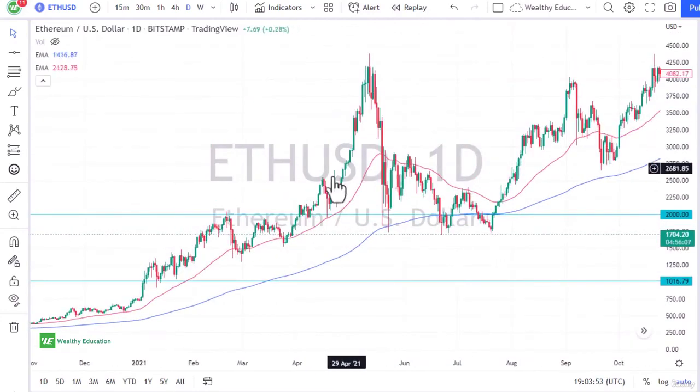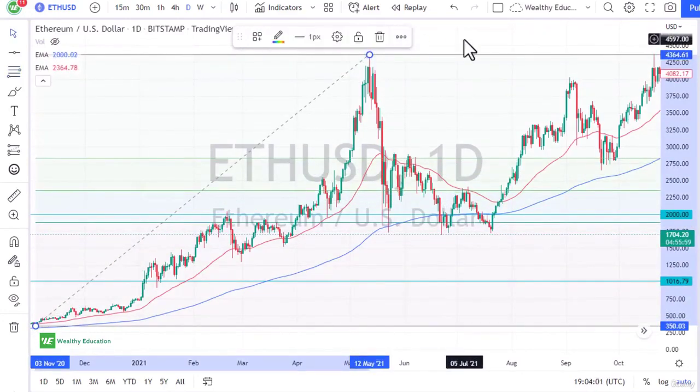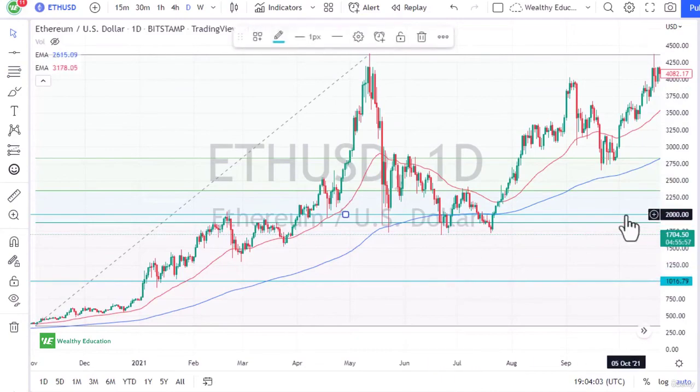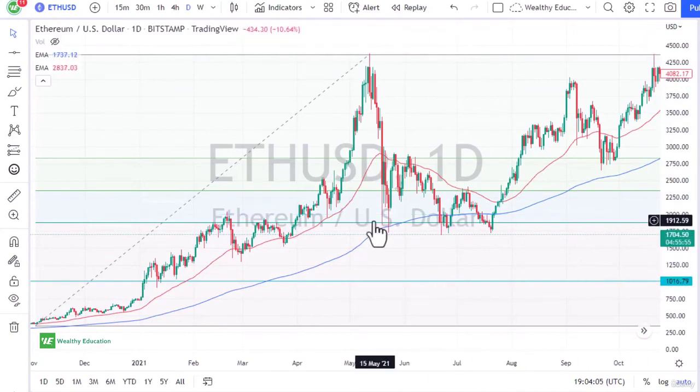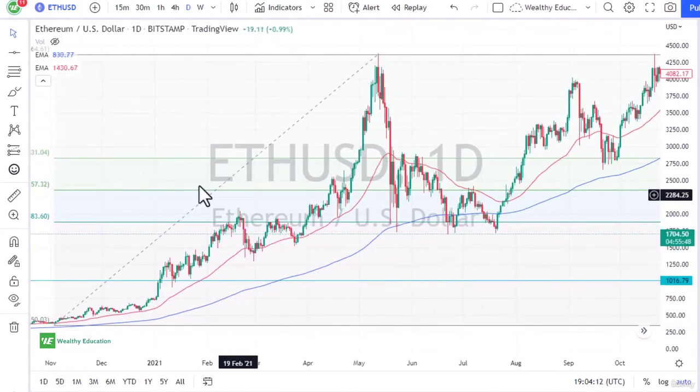And one more thing that I would look at before we end the video, you can see this massive run up here. And let me get rid of the 2000, although keep in mind that it's right there. Notice how we kind of hung out here at the 61.8% Fibonacci retracement level.